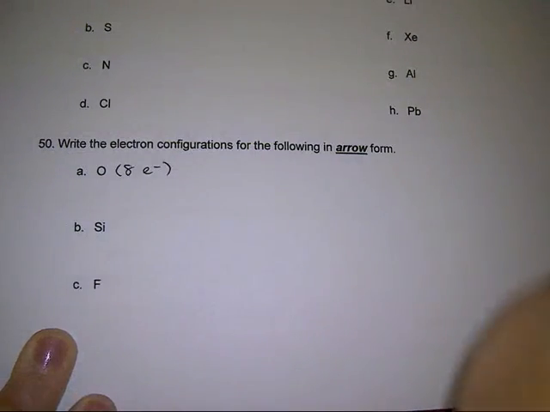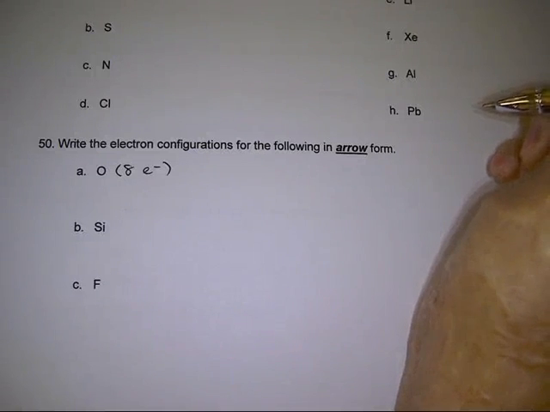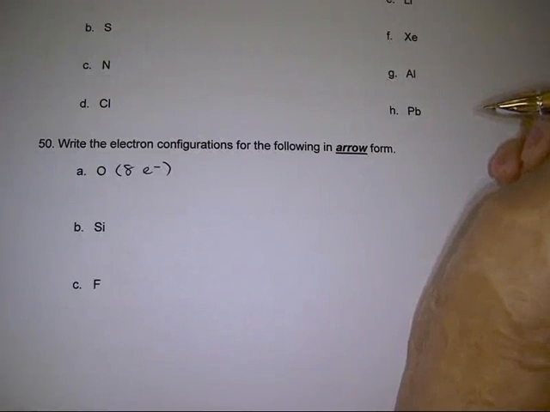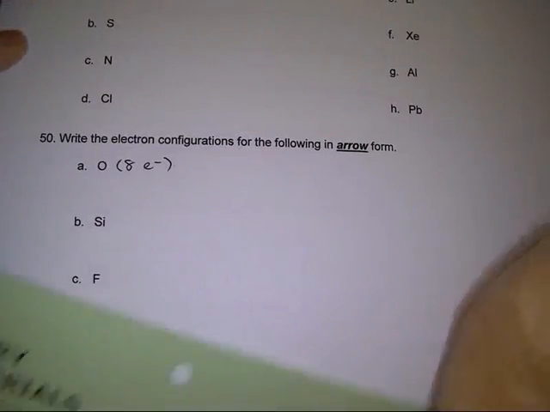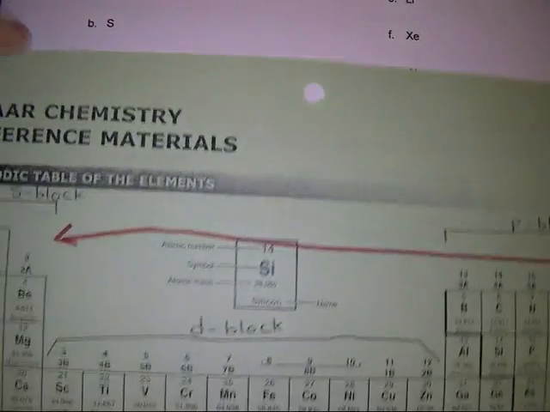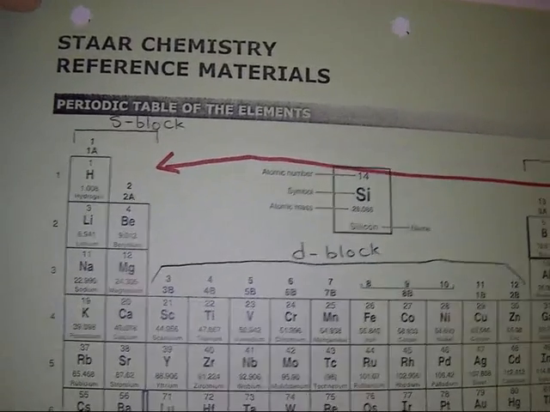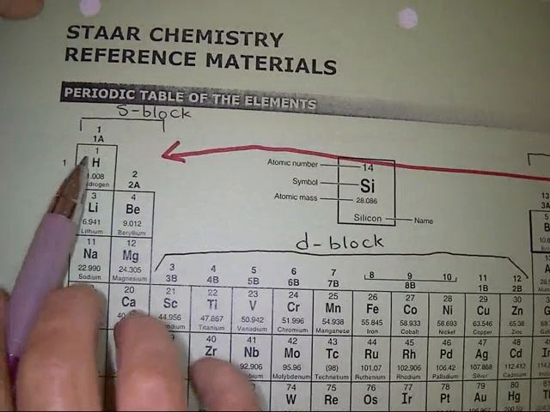So that means I need to show in my electron configuration where all 8 of the electrons are. The way I'm going to do this is go through the periodic table starting from atomic number 1 all the way to atomic number 8. So I start from atomic number 1.